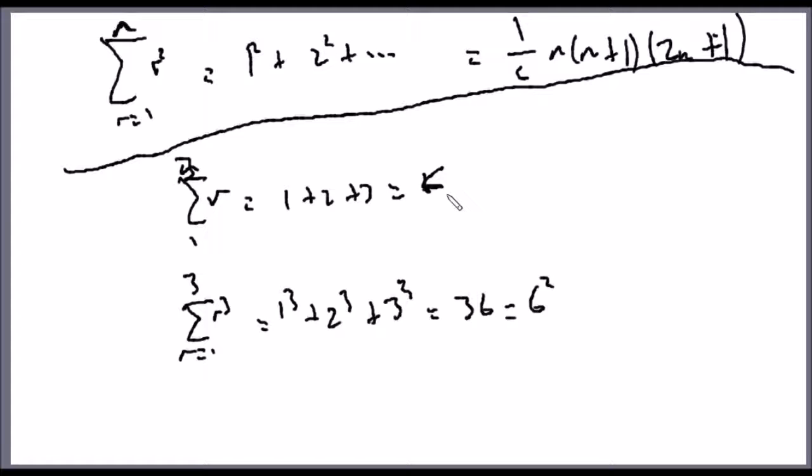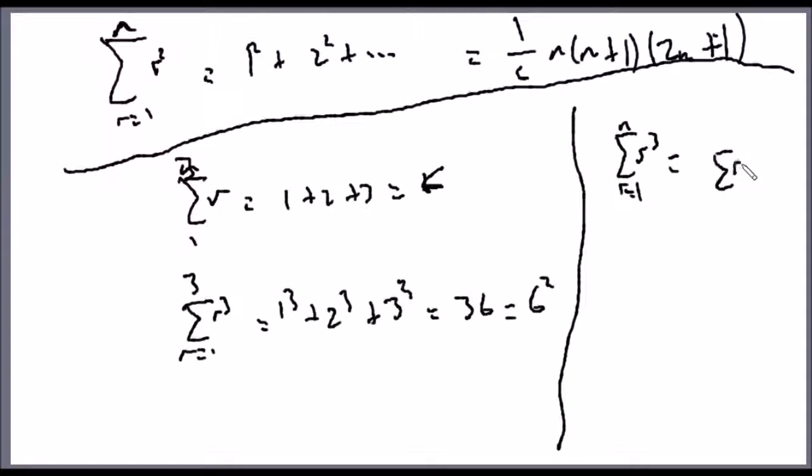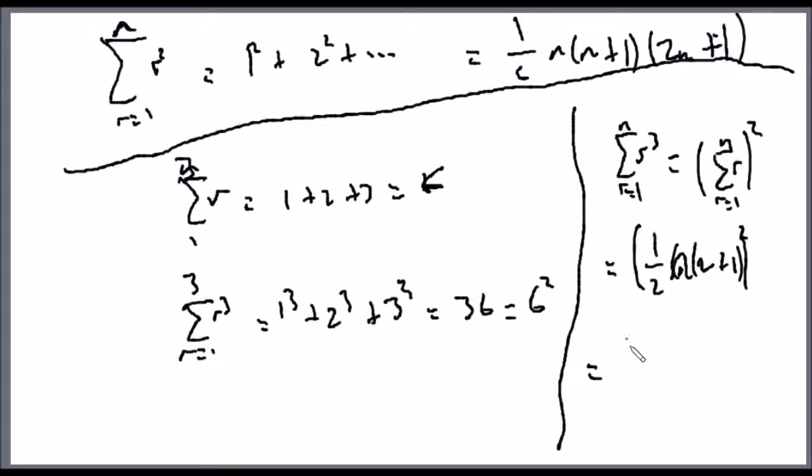It's the square of this. So as I just said, the sum of r cubed is equal to the sum of natural numbers squared. So that can be known as 1/2 of n plus 1, all squared, which is 1/4 n squared times n plus 1 squared.